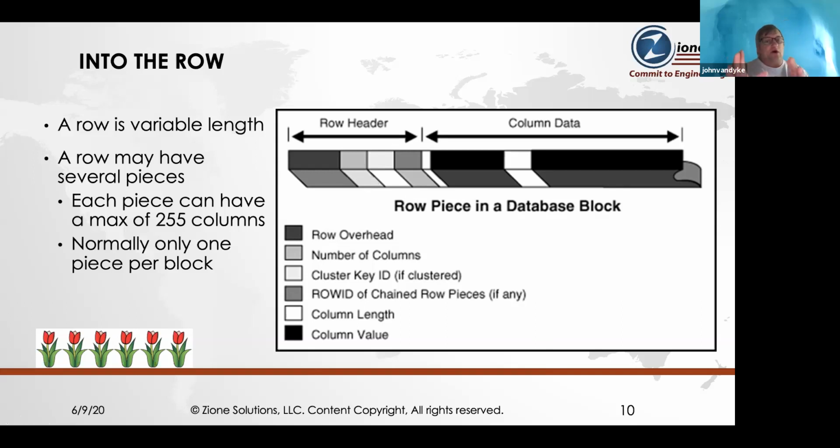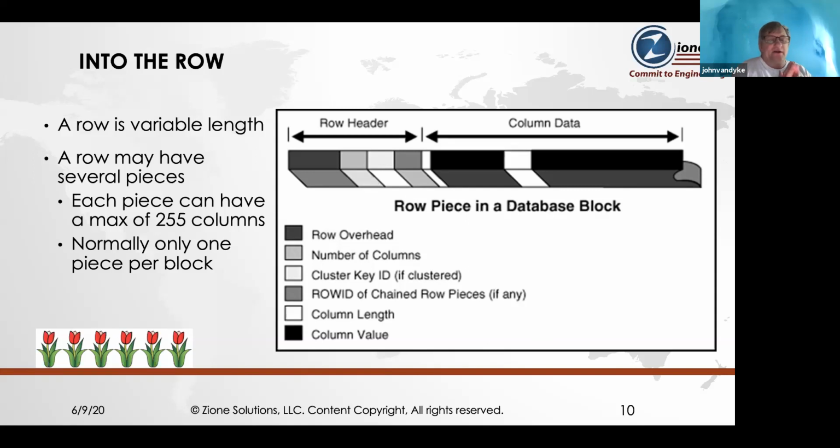There's a number of columns that are represented in this row. Now, this row is part of a particular table. That table has a logical structure of, let's say, 15 columns. But what this number of columns represents is how many columns are in this row. The reason I want to really stress this is how you and I can save a ton of space in our database by structuring our tables correctly.